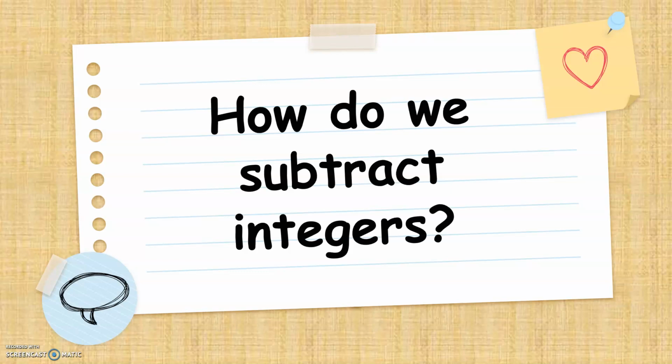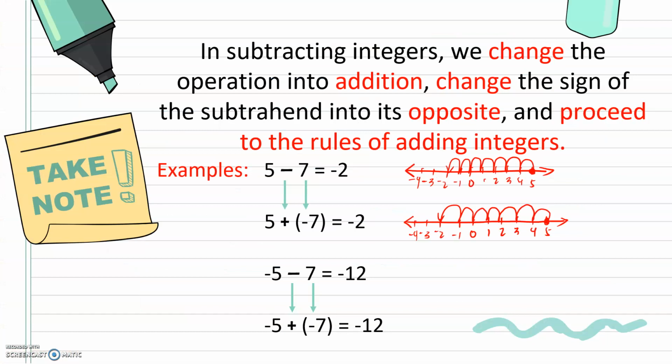So how do we subtract integers without using a number line and colored chips? In subtracting integers, we change the operation into addition, change the sign of the subtrahend into its opposite, and proceed to the rules of adding integers.